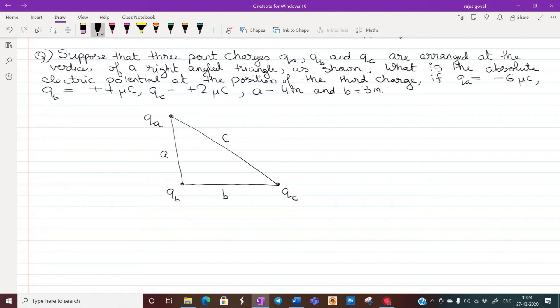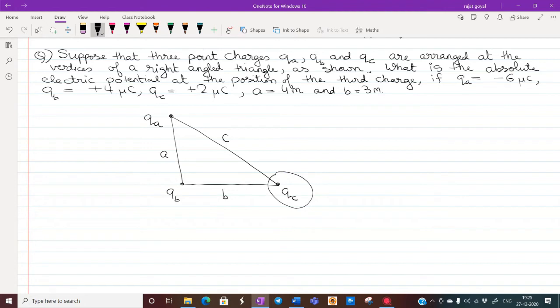What is the absolute electric potential at the position of the third charge if QA is equal to minus 6 microcoulomb, QB is equal to plus 4 microcoulomb, and QC is equal to plus 2 microcoulomb? They have also given a as 4 meter and b as 3 meter. So we have to find the electric potential at the position of the third charge.